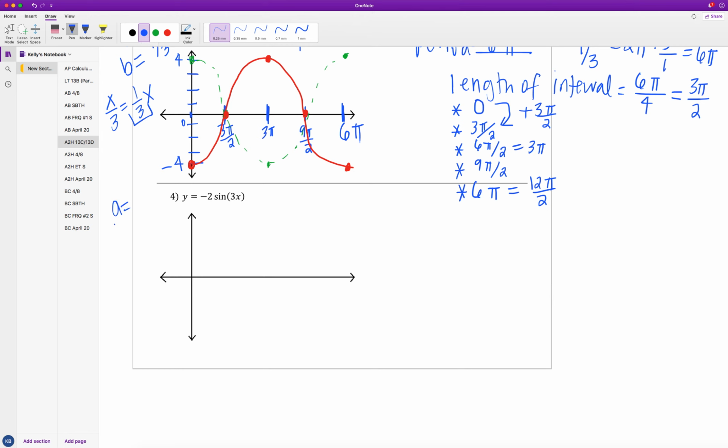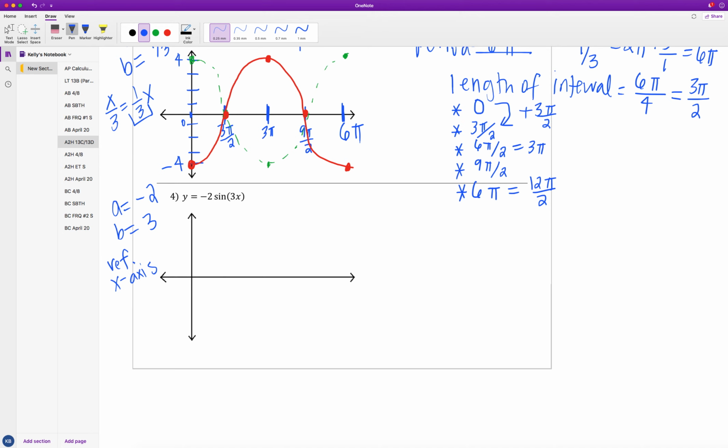So the first thing I'm going to do is find my a and b values. Our a is the -2, since it's the number in front of the trig function. Our b value this time is 3, since that's what I'm multiplying x by. A couple things to keep in mind: I do have a reflection over the x-axis, since the number in front is a -2.